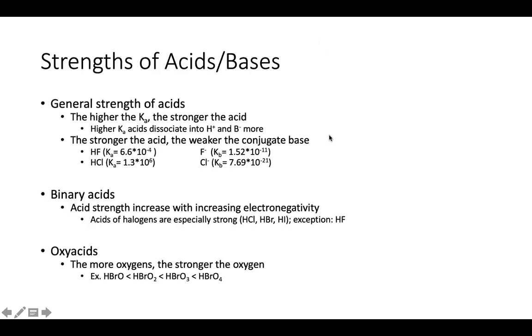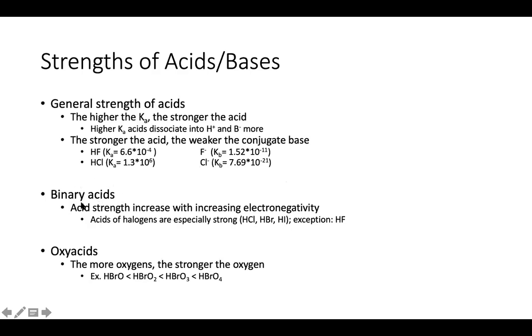Cl minus comes from a strong acid, so it is such a weak base that we don't really consider it a base at all. We almost consider it a spectator ion. Technically it is a conjugate base, but it's such a poor base that we basically pretend it's not one.